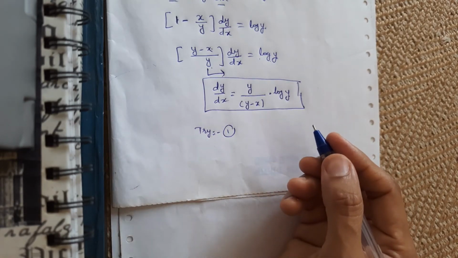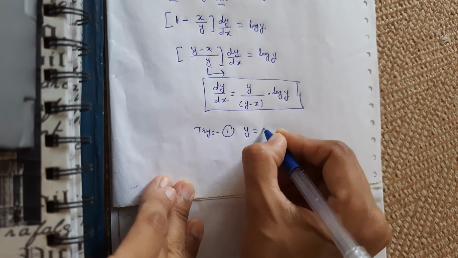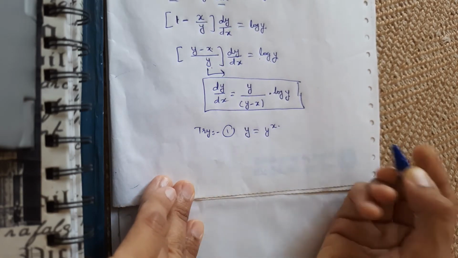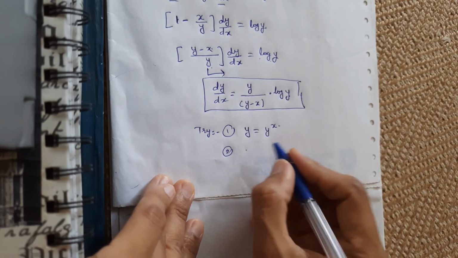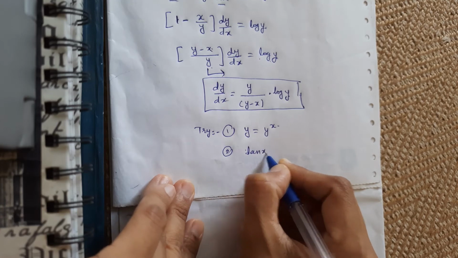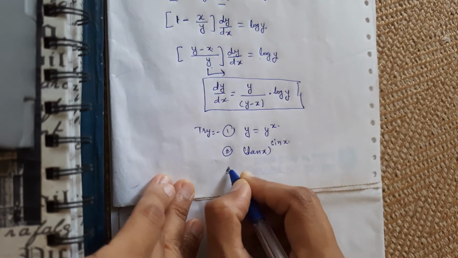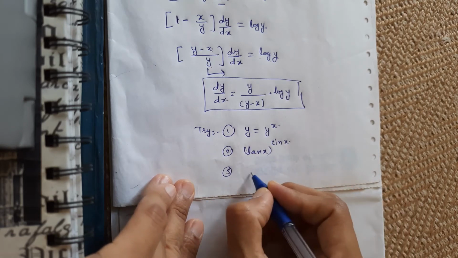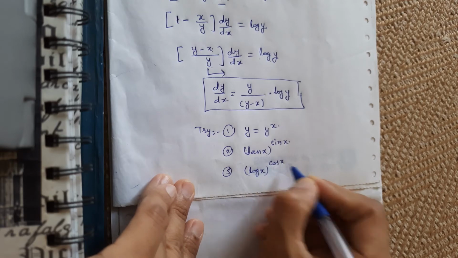So try these examples. First of all, try y equal to y to the power x. Second, tan x to the power sin x. Third, try log x to the power cos x.